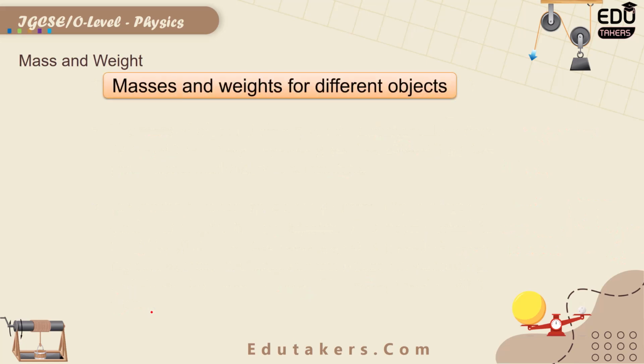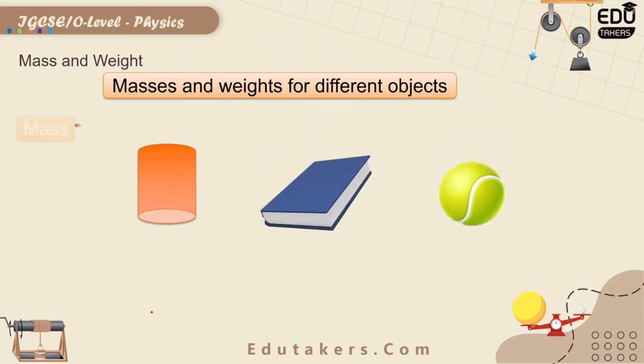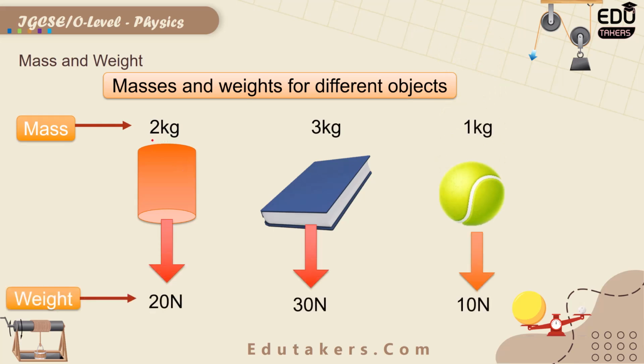Here you can say that I take different objects, for example, a cylinder, a book, and a ball. All of these objects have different masses. For example, for the cylinder, the mass is 2 kg. For the book, the mass is 3 kg, and for the ball, the mass is 1 kg. When you calculate the weight for all of these objects, just multiply it with G, which is approximately 10 Newton per kilogram.